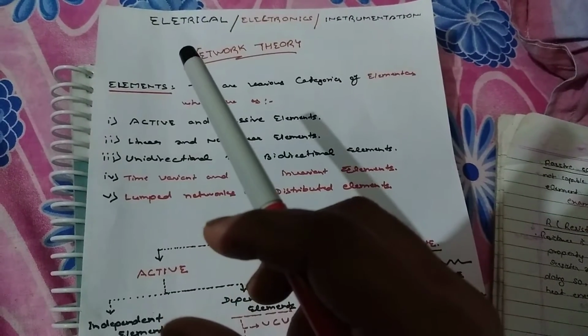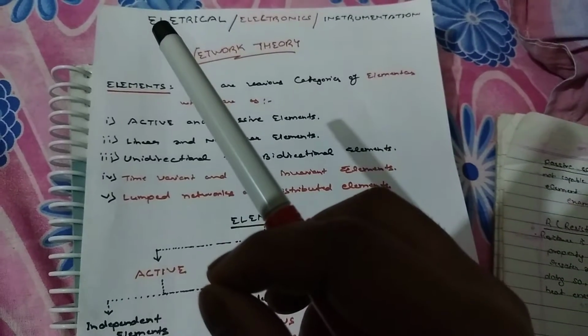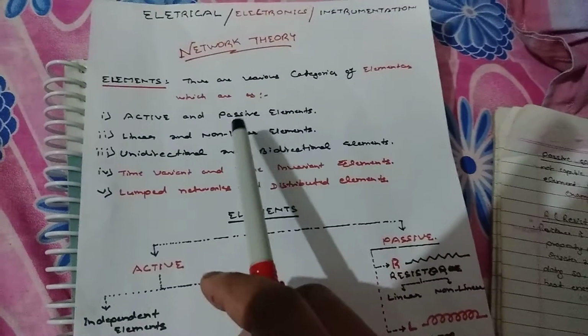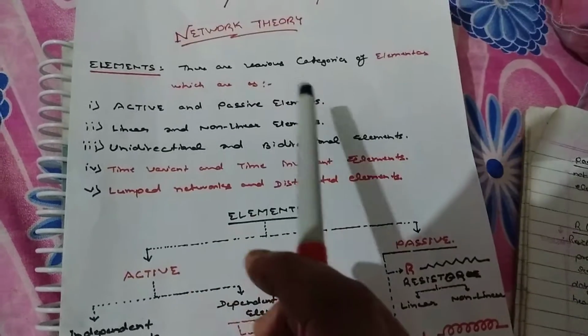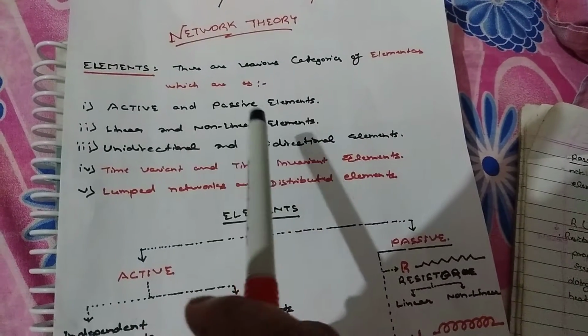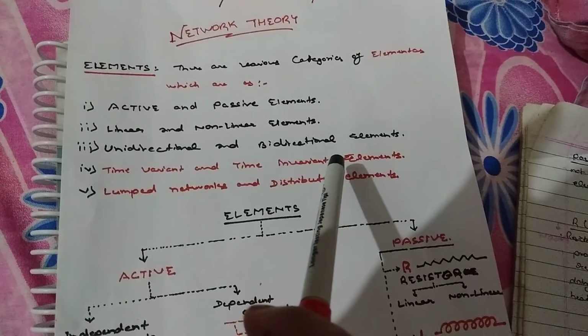What are the elements? What are the electrical elements? The electrical elements are the various categories of elements, such as active and passive elements, linear and non-linear elements, unidirectional and bidirectional elements.